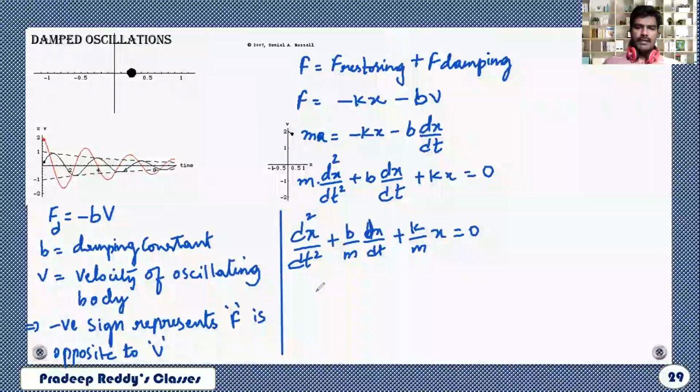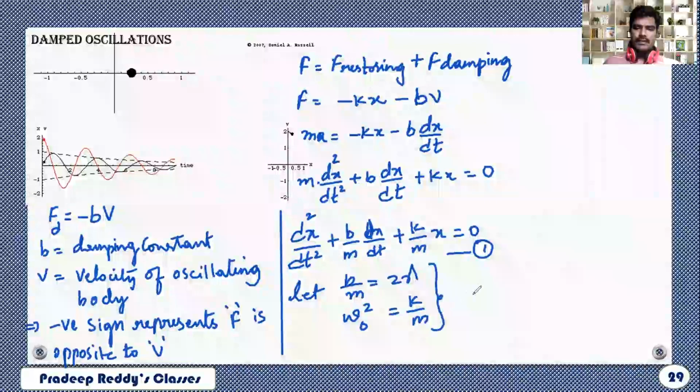Now let me consider this as equation 1, and let b/m be equal to 2γ and ω₀² be equal to k/m. This I am considering as equation number 2.